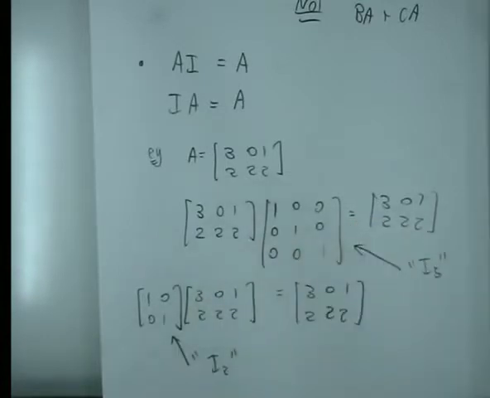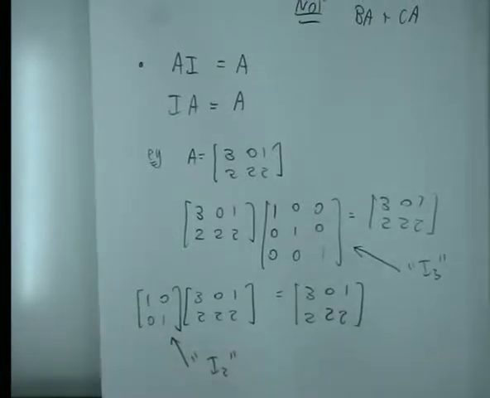Just so we can tell that they're different sizes, but do be aware that AI equals A and IA equals A, there might actually be different identity matrices. Well, there's two more things that we can do while we're at it. The other stuff we can do to numbers would be to do powers, right?